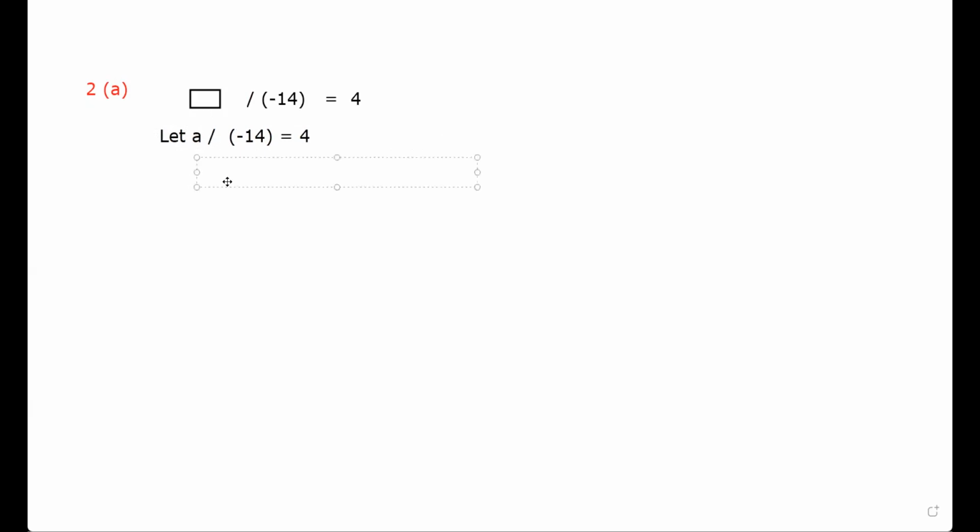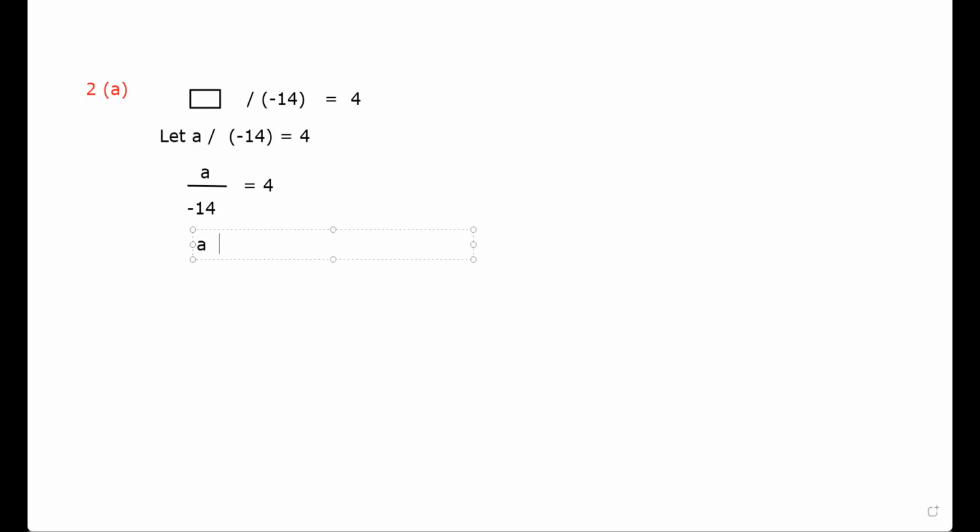So my dear student, now I can write this equation as a divided by minus 14 is equals to 4. So my dear student, you can easily understand that a divided by minus 14 is equals to 4, which means that you have to solve this equation in that fashion.